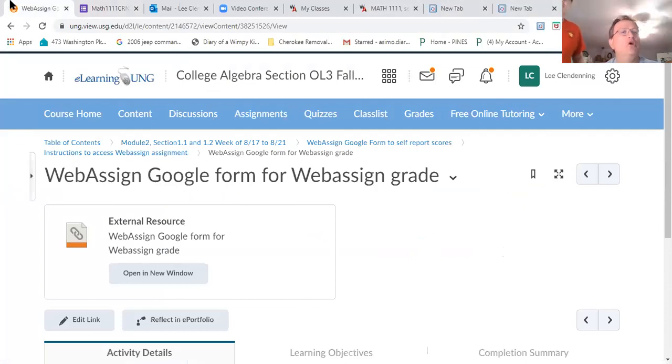No, that's D2L. Okay, let me look. It must be hidden. I'm trying to find the tab for WebAssign. All of the Chrome tabs should show up.